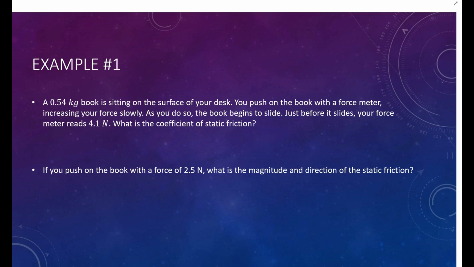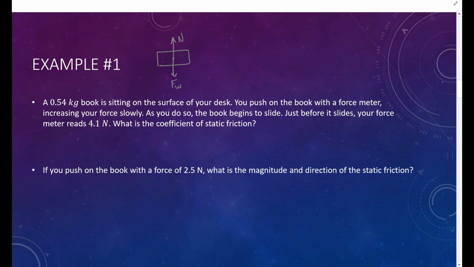All right? So we have a book sitting on the surface. It has forces acting on it. It's on Earth, so gravity. Gravity acts in the downward direction. So it's got a force of weight. It's not falling, the table's supporting it, so what else does it have? Normal force. Right?